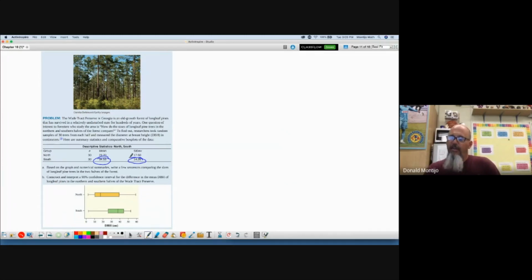The spread of the north is greater than the spread of the south. Shape. They're both approximately normal since n is greater than or equal to 30 by the central limit theorem. If you look at the box plots, however, they don't look altogether normal, the original data.